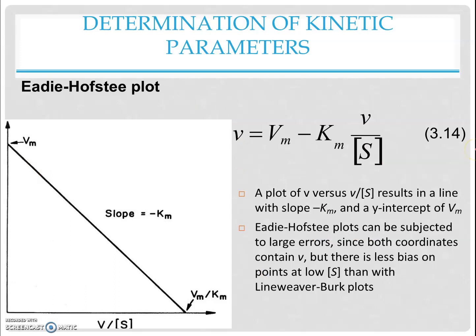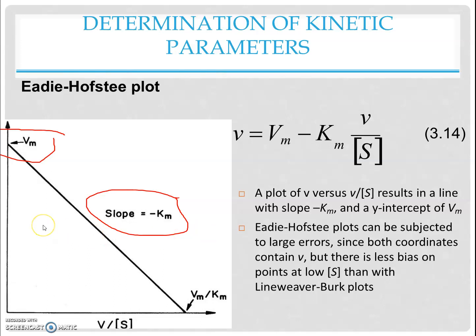The next plot is the Eadie-Hofstee plot. Similarly, the origin is from the Michaelis-Menten equation, which is rearranged to become a linear equation. From the plot, you may find the Vmax value at the interception of the y-axis, and the Km value you can find from the slope of the graph.